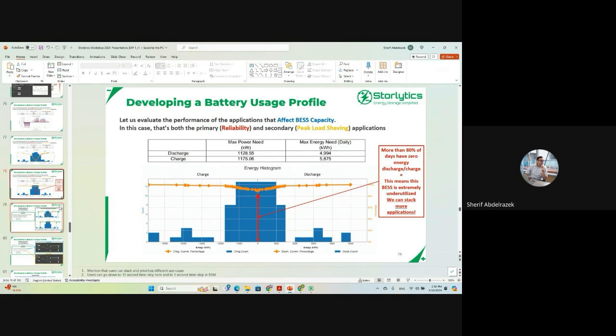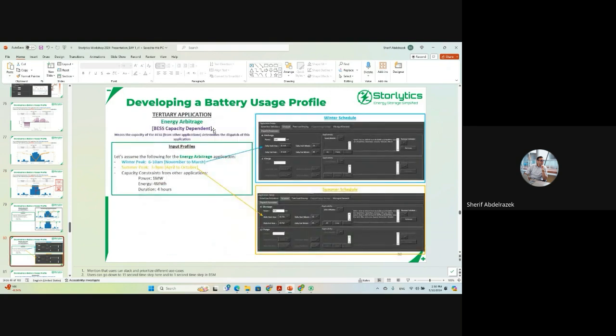Okay. So how do we size the system, or how do we set up this next application? We set it up based on the sizing of this one, because it's, as we're calling it, a BESS capacity dependent use case, right? So here, let's just assume it's 1 megawatt, 4 megawatt hours.